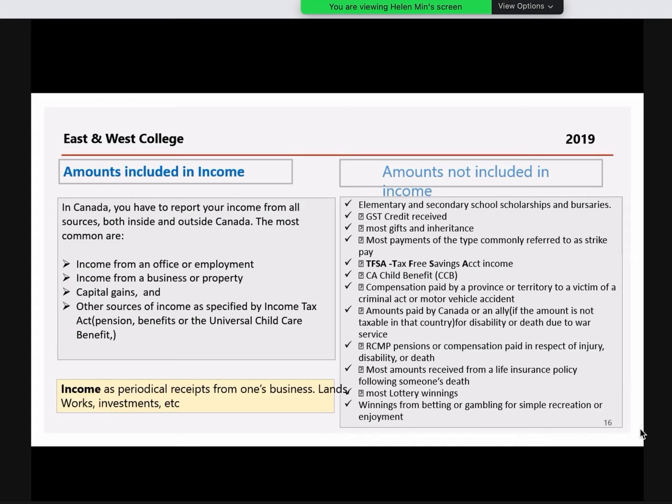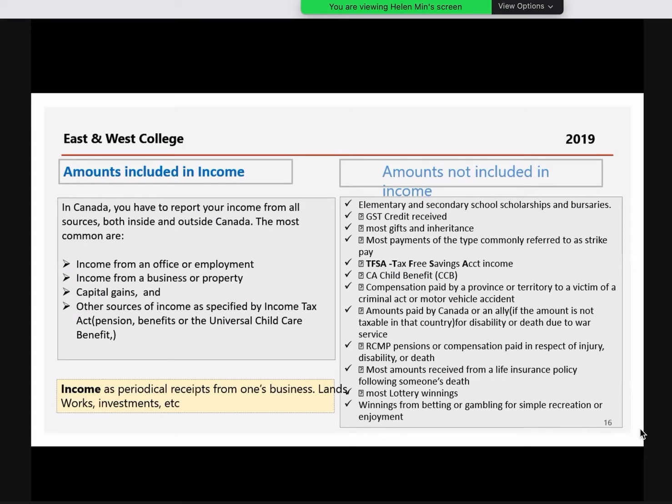Next, payments commonly referred to as strike pay. With strike pay, the union gives some people payment to strike.